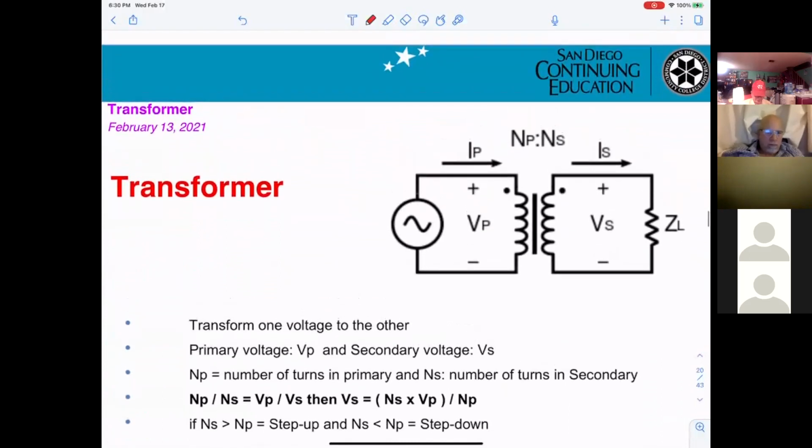Next one, transformer. This is a transformer. What is a transformer? By definition, it increases or decreases voltage, transforming one voltage to another.